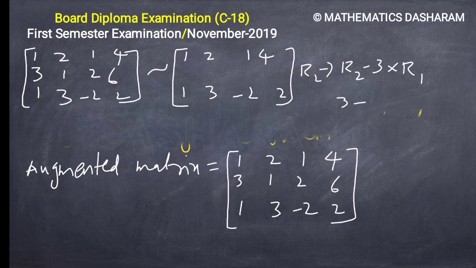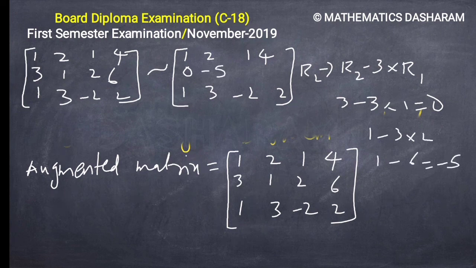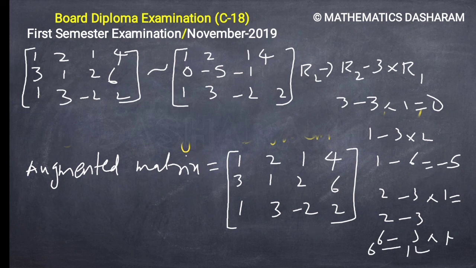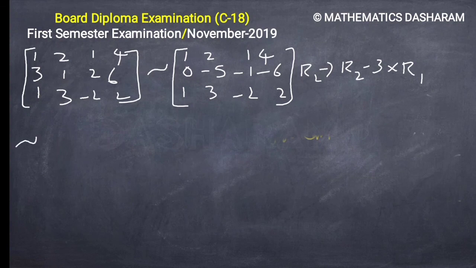So 3 minus 3 into 1, it is equals to 0. 1 minus 3 into 2, so 1 minus 6, it is equals to minus 5. Next, 2 minus 3 into 1, so 2 minus 3, it is equals to minus 1. 6 minus 3 into 4, so 6 minus 12, minus 6. So now we need 0 at this place.